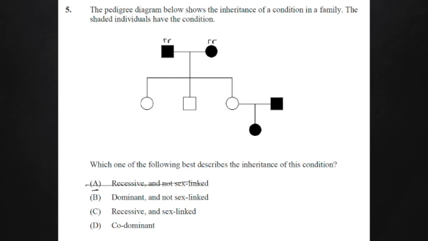What about dominant and not sex-linked? What if we had a heterozygous, a capital R, lowercase r? Well, it's possible that you could have those recessive alleles being expressed there from the parents. That's possible.